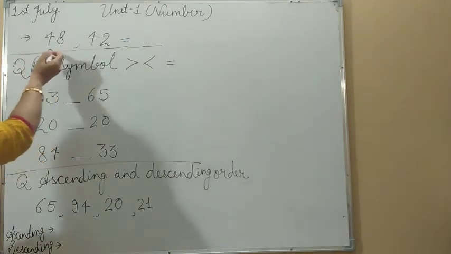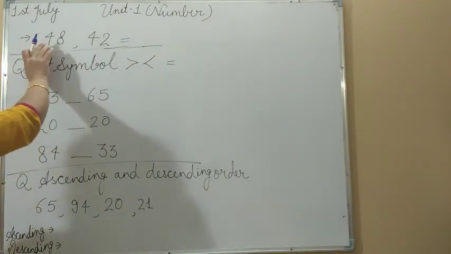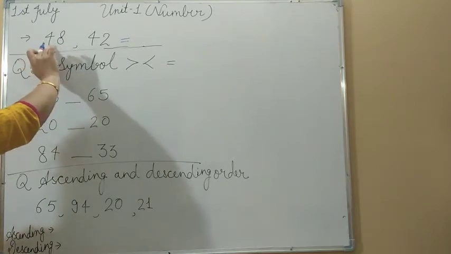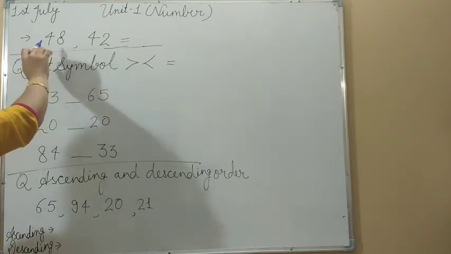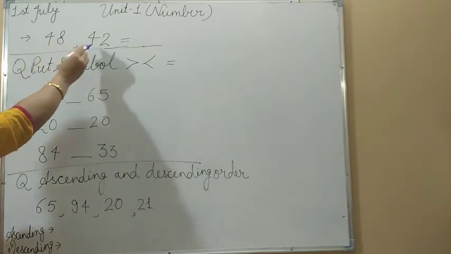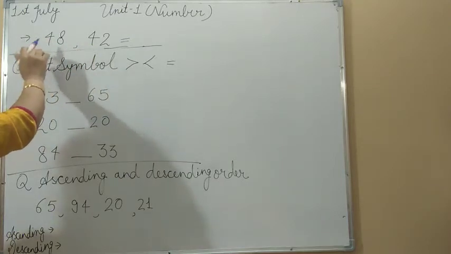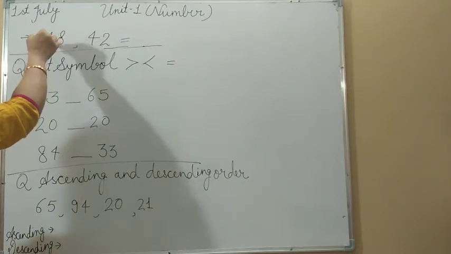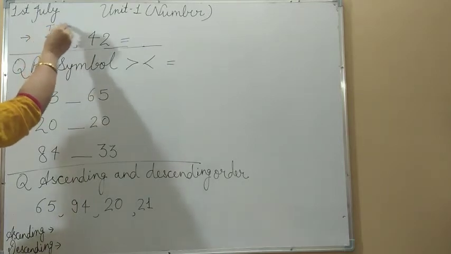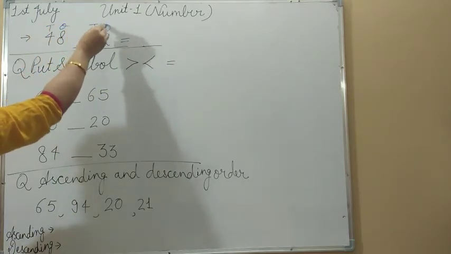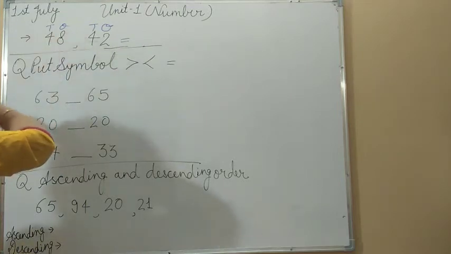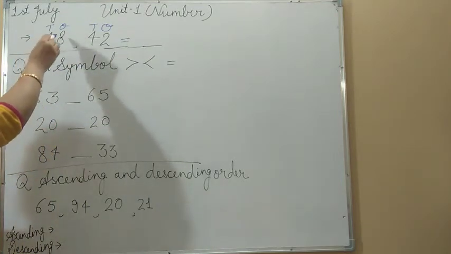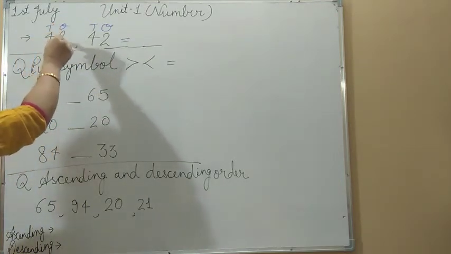Now students, look here. Some other numbers are given. You have to find out which is bigger and which is smaller. If the tens place digits are the same in both numbers, then how to find out which is bigger and which is smaller? Then we will compare the ones place numbers.